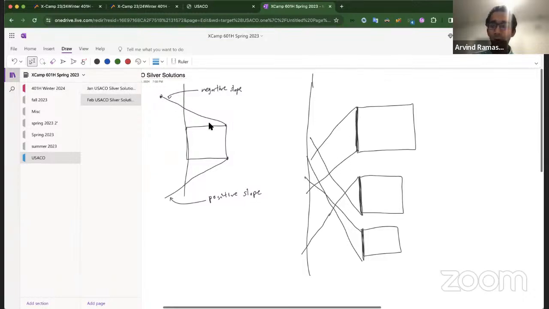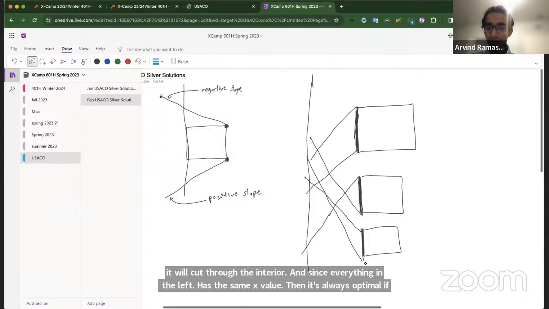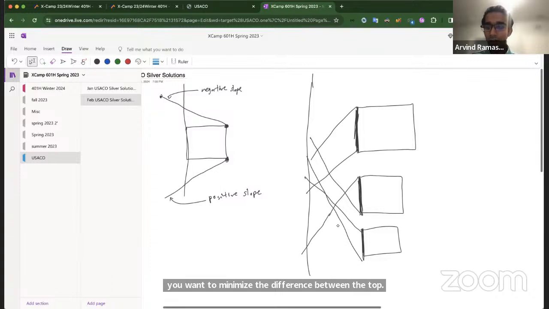Those are some observations you can get. For the top right vertex, you need negative slope, and for the bottom right vertex, the cow needs positive slope. Otherwise, it'll cut through the interior. Since everything on the left has the same x value, to minimize the difference between the top and bottom intersection it's optimal to arrange the cows in increasing order of slope.